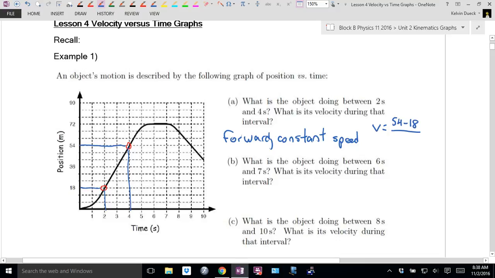I'm going to do that in my head. 4 take away 2 in your head. Thank you. In fact, I'm going to do the top part in my head as well. 54 take away 18 is 44 take away 8. It's 36. It's 36 divided by 2. Double check me. Does that whole thing work out to 18? Yes? And that would be meters per second, because it's meters on the y-axis and seconds on the x.